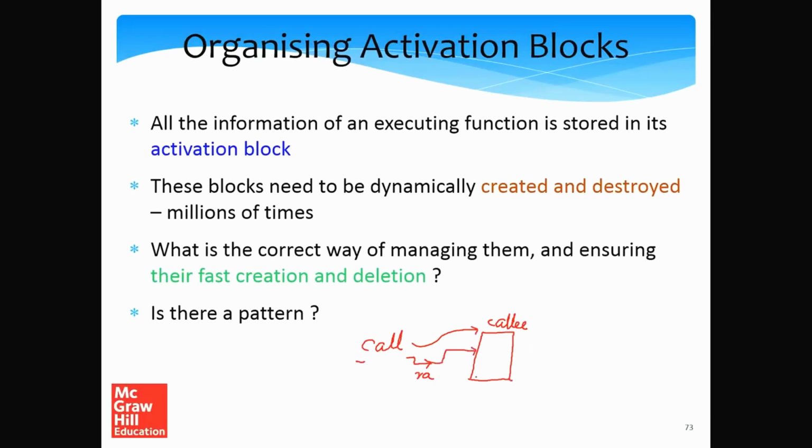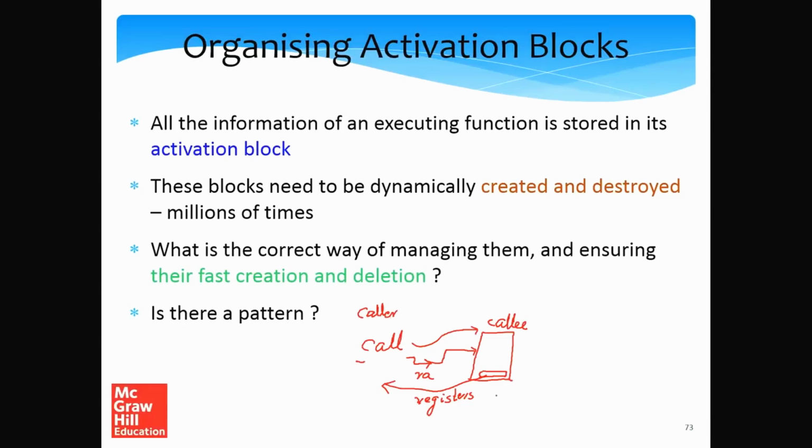It computes its result. The return value, which is the result of the function, can come back either via registers, that is the first option. The second option is that it can come back via memory. In this case, the callee writes back the result into the activation block of the caller. So this is also possible.